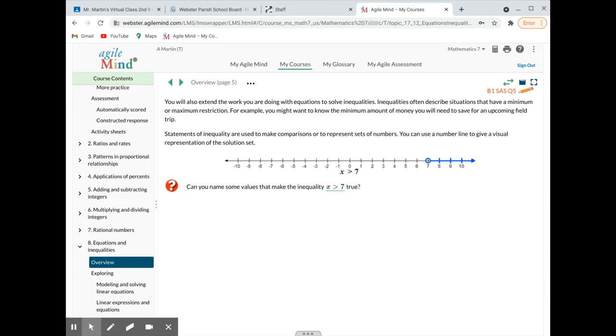Yeah, 8.5. Anything else? What about like 1,000? Is that greater than 7? Yes. Is that complicated, or does that seem pretty simple?